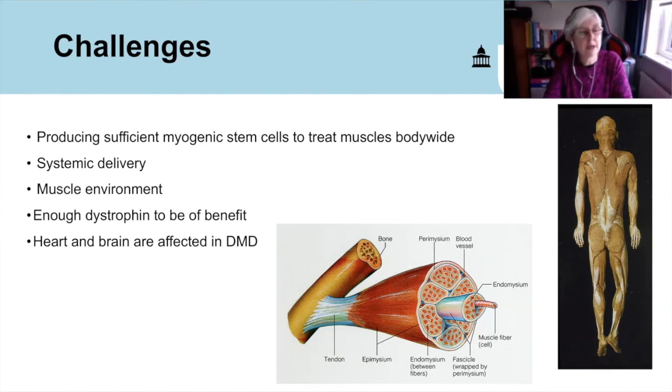And a real challenge is getting enough dystrophin to be of functional benefit to the muscle, because other work has shown that you need all of the muscle fibers in a muscle to have between 10 and 30% of normal dystrophin levels to improve muscle function. And other challenges are that, of course, the heart and also the brain are affected in DMD patients.